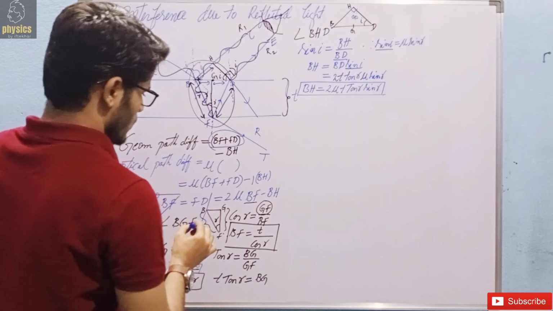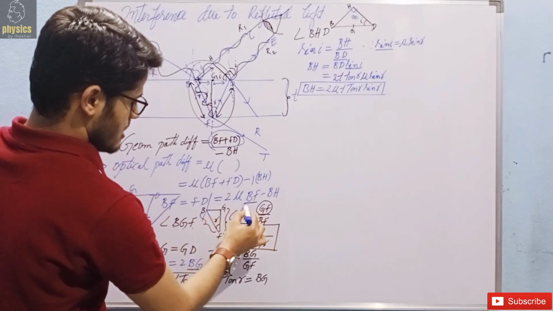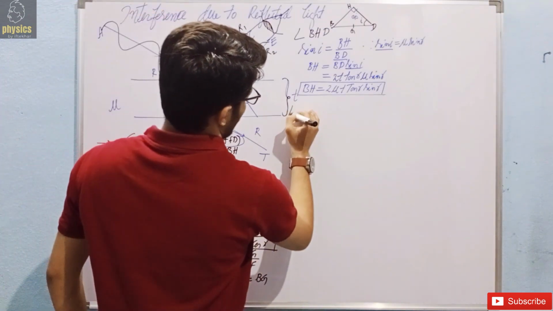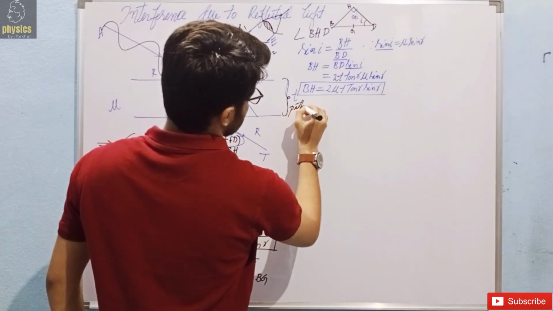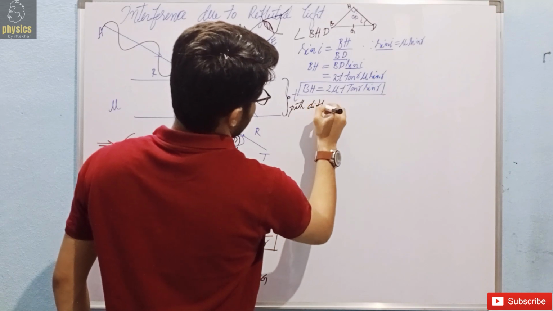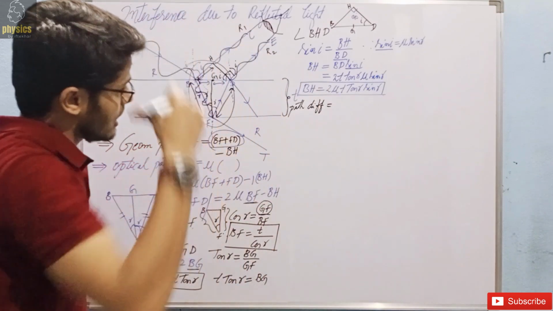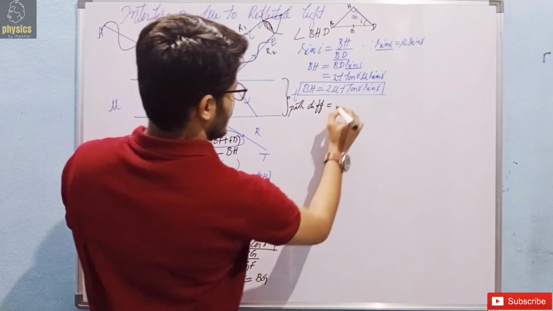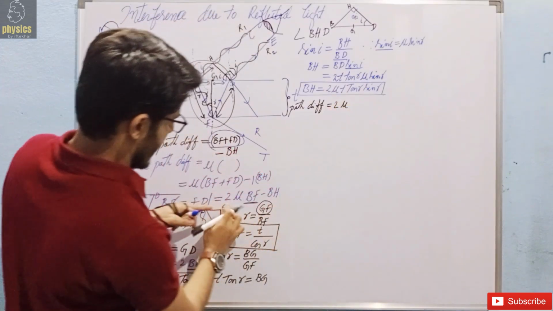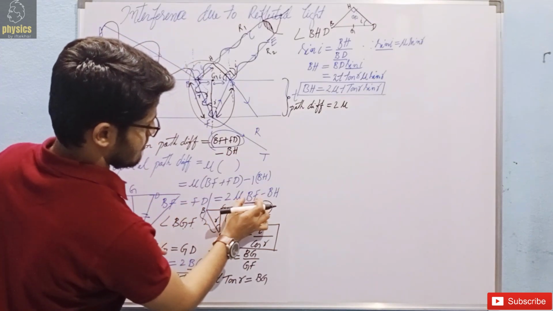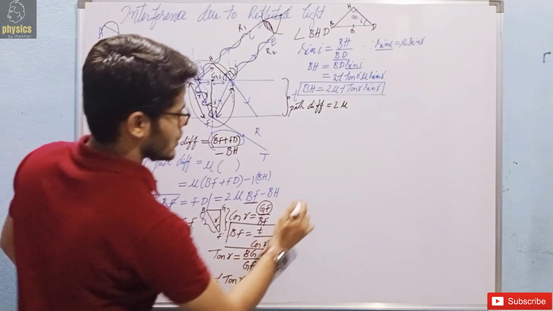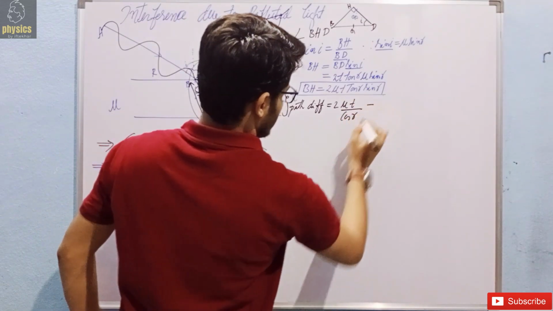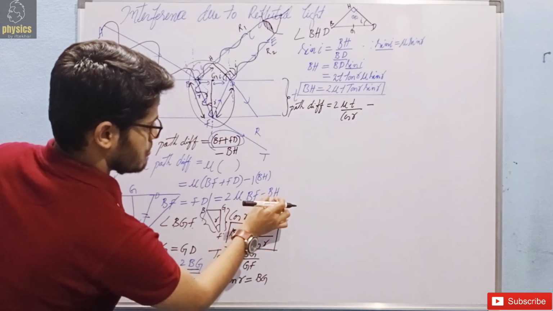I have the value of BF. Now the optical path difference between ray 1 and ray 2 is 2 mu times BF, and BF is T by cos R, minus BH.